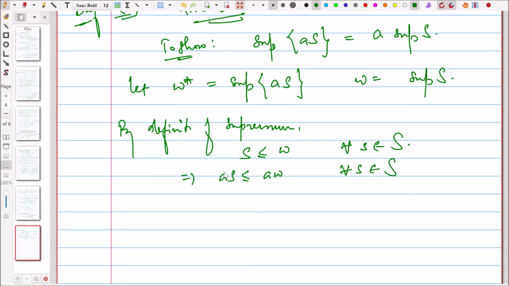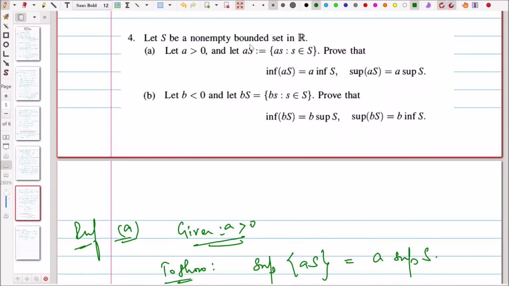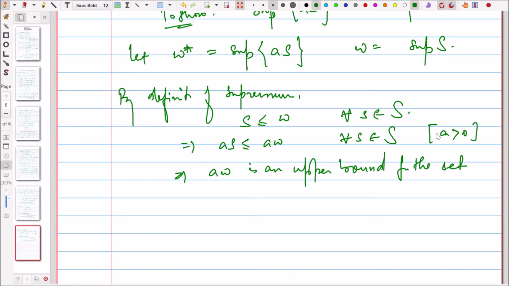Now this is the set of all elements of AS. So as is less than or equal to aw for all s belonging to S. This implies aw is an upper bound for the set AS, since a is greater than 0.